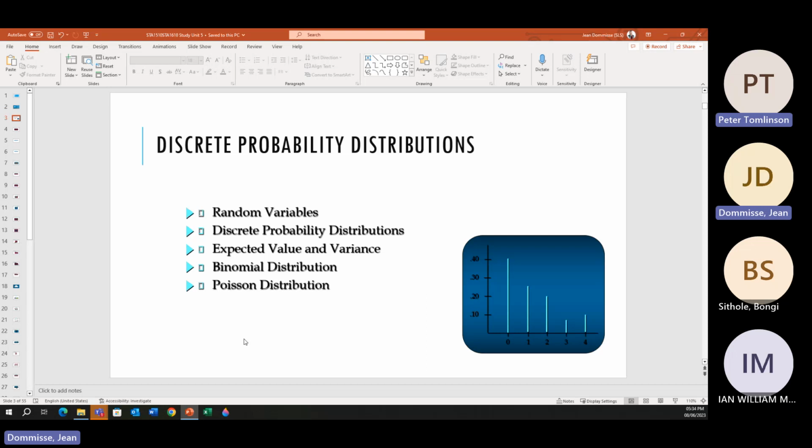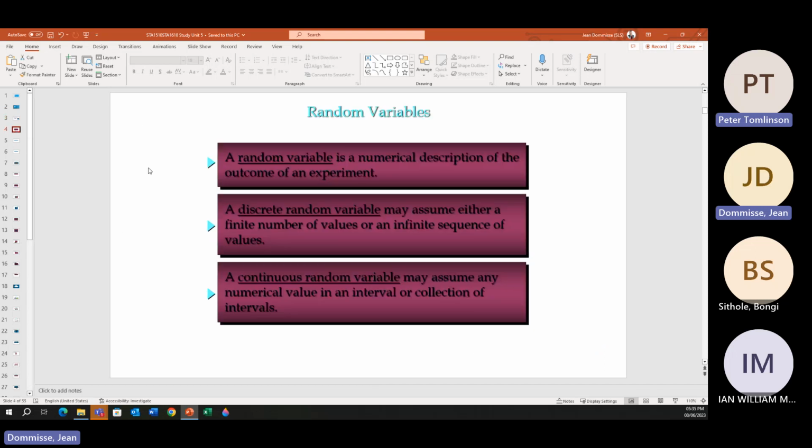Part of that, you will need to work out the expected value, or basically the mean, and also the variance of that random variable. Then we will also look at binomial and Poisson, and there you might be asked to work out the expected value or variance as well.